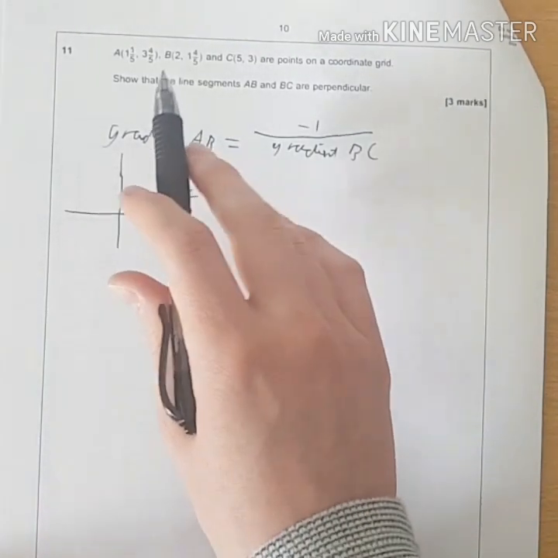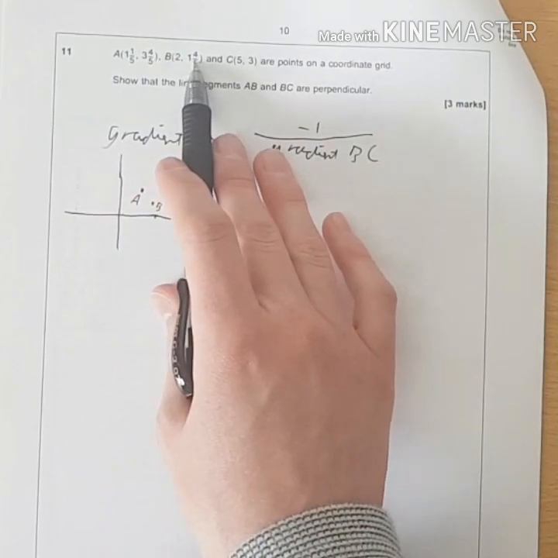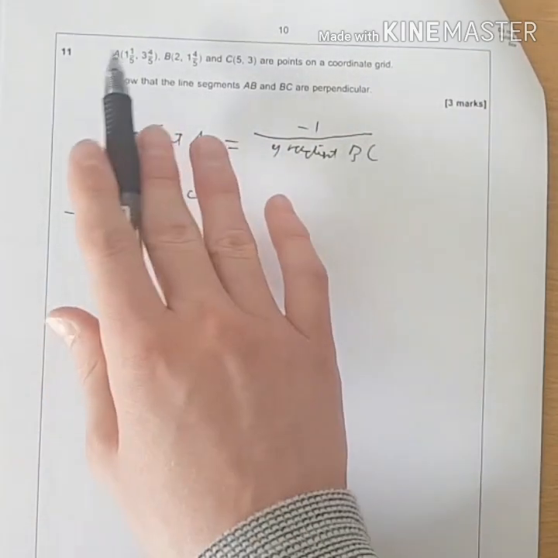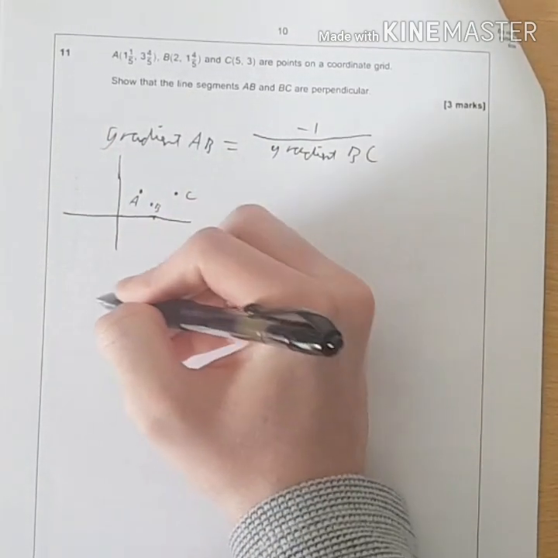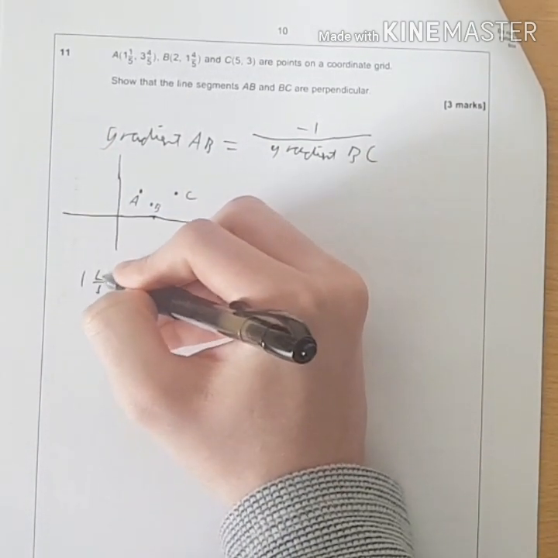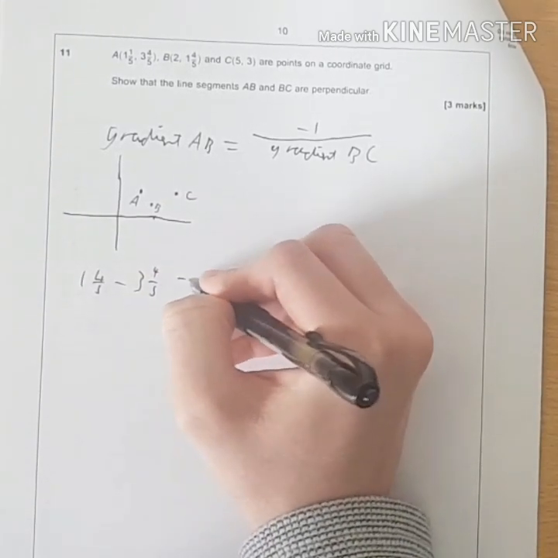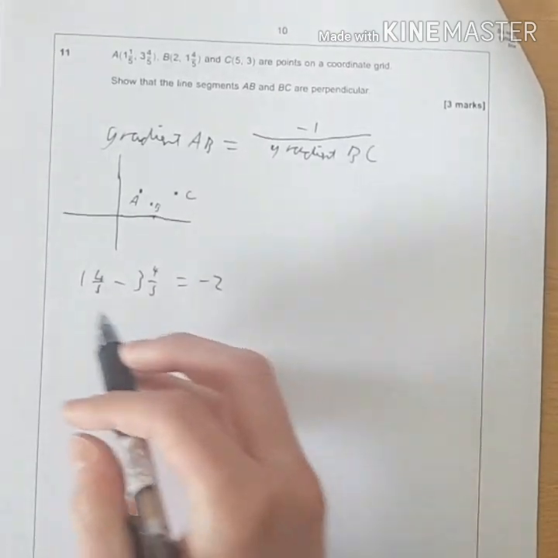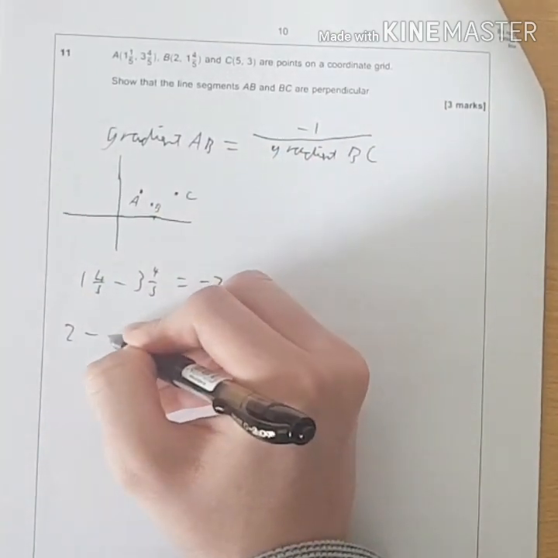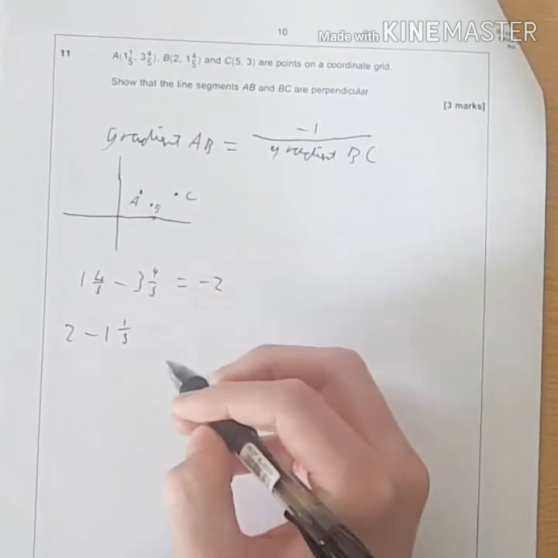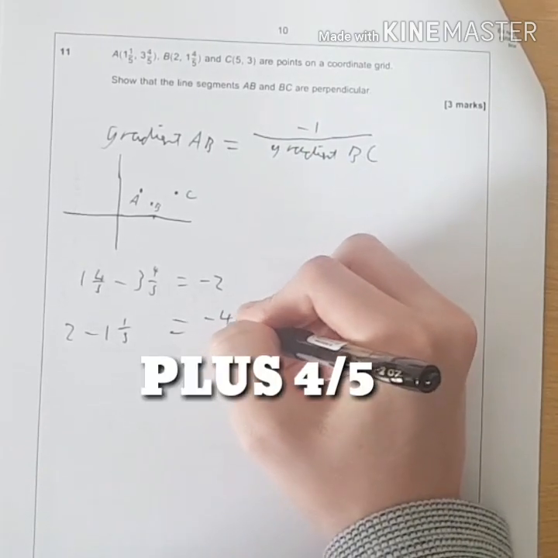To find the gradient of AB, it is equal to rise over run. So we have the rise, which is the difference between the y-coordinates, divided by the difference between the x-coordinates. So we can do 1 4/5 minus 3 4/5, giving us -2, over 2 minus 1 1/5, giving us 4/5 negative, -4/5.